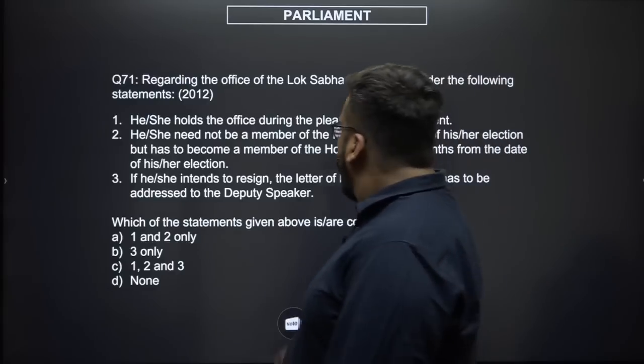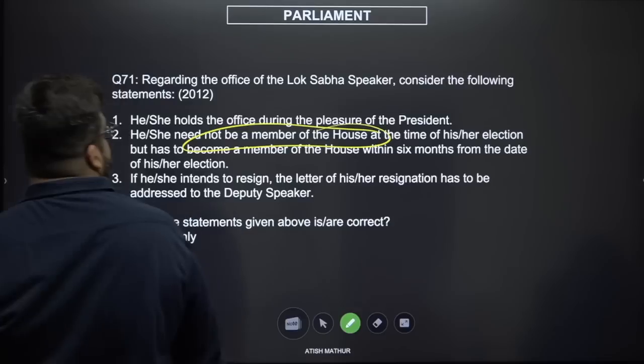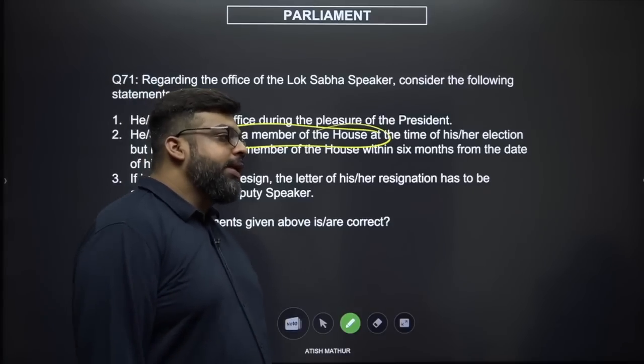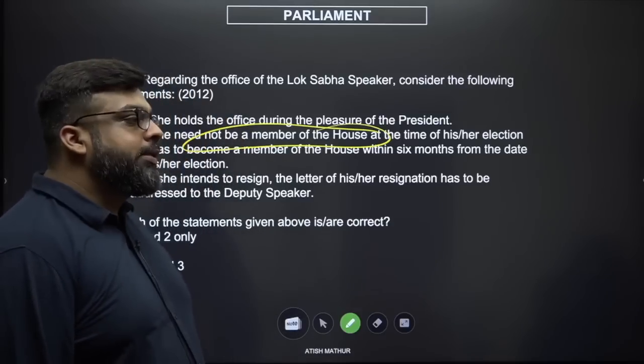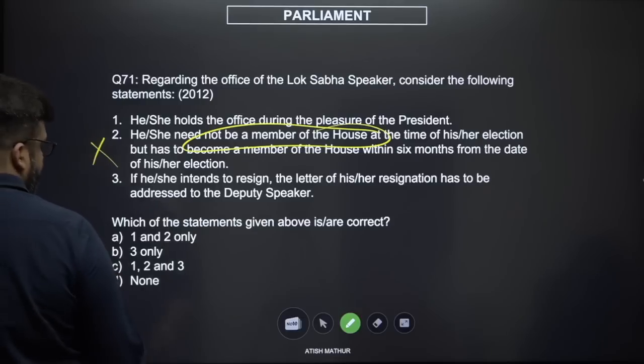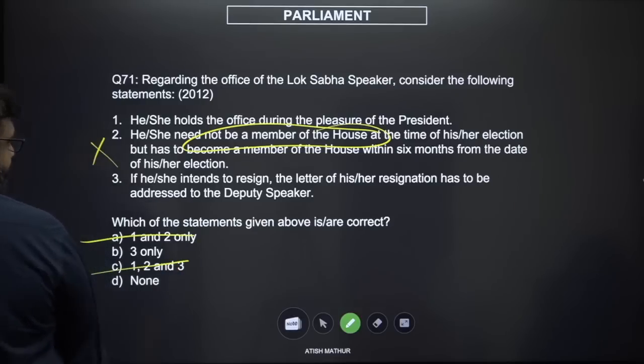If you're not a member of the house, then you have no business being in the house. If you're not in the house, then the house cannot elect you as a speaker. The second option is definitely wrong. So anything which has second is out.